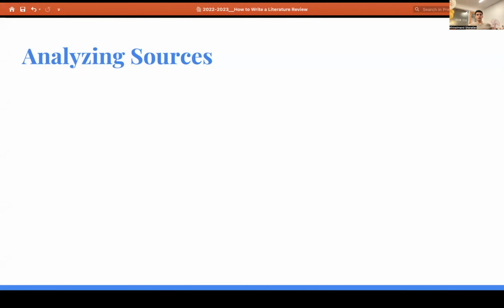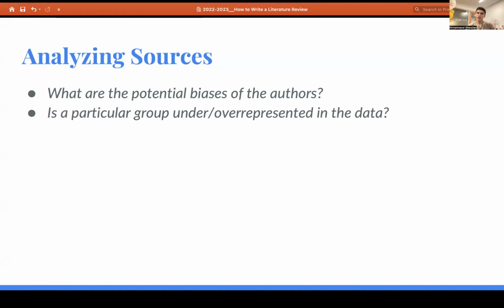And analyzing sources. So you need to focus on what are the potential biases of the authors, right? You need to examine if the authors can be biased or not. Or is a particular group under or overrepresented in the data? Are their survey or interview questions biased?